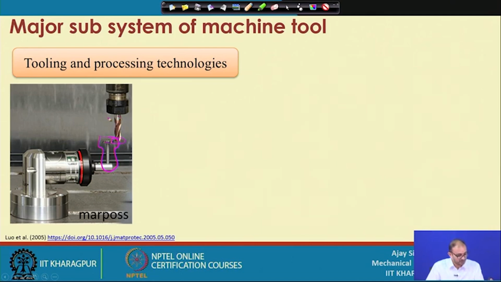If you are putting this tool exactly from the top, at that time you can find out the height of the tool. In that way you can find out different properties or specifications of the tool without removing the tool from this particular system. These are contact type, that means the tool is coming in physical contact with the sensors, and then the sensor is getting the data for further processing.